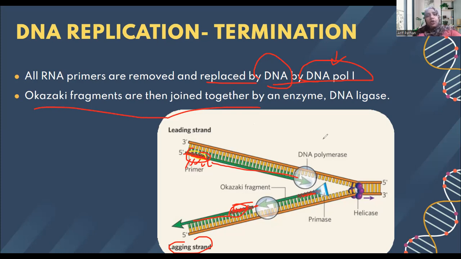So that will be joined by the enzyme DNA ligase. So DNA ligase will seal the gap. For example, this is one Okazaki fragment. This is one Okazaki fragment. So RNA primer has been removed, and this gap will be sealed by which enzyme? DNA ligase enzyme. Okay, so you can have a look at the diagram over here.